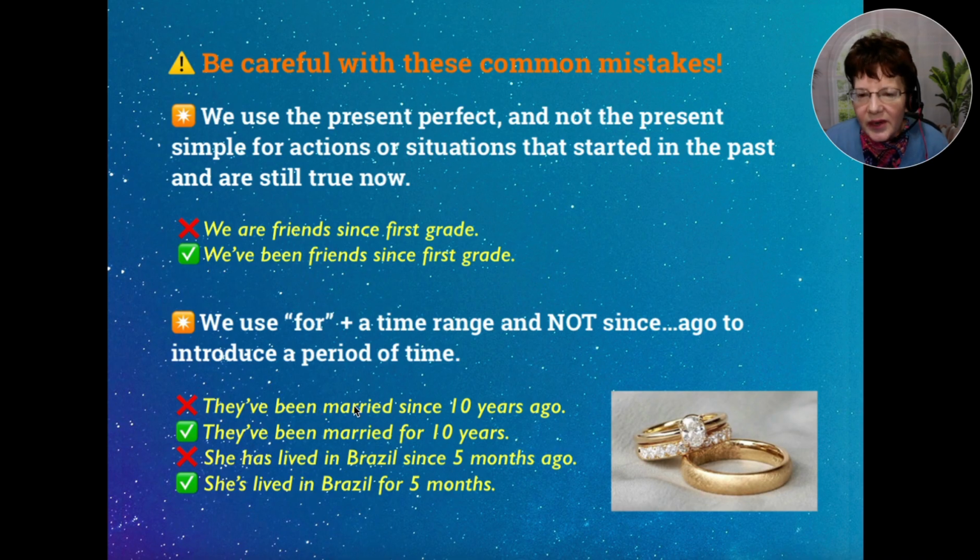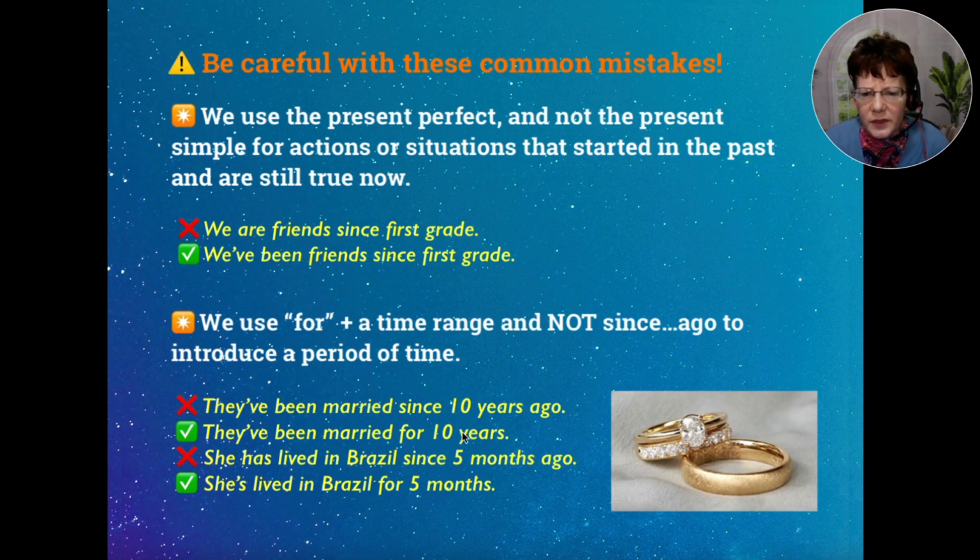They've been married since 10 years ago. Okay, so that's the mistake here. We don't want that. It should be they've been married for 10 years. Just for, not since. All right. And then she has lived in Brazil since 5 months ago.